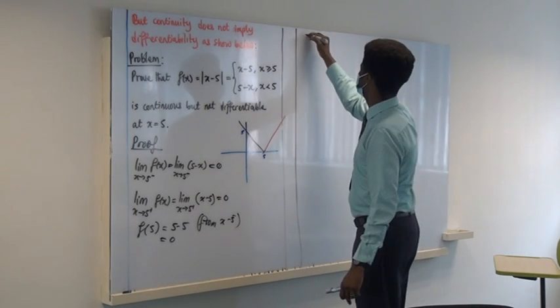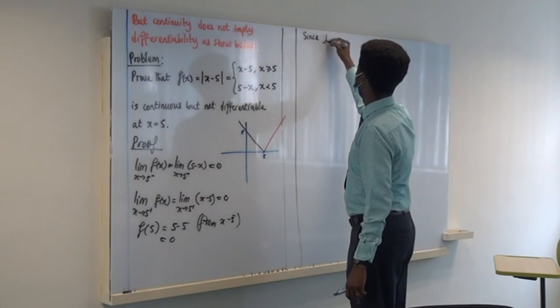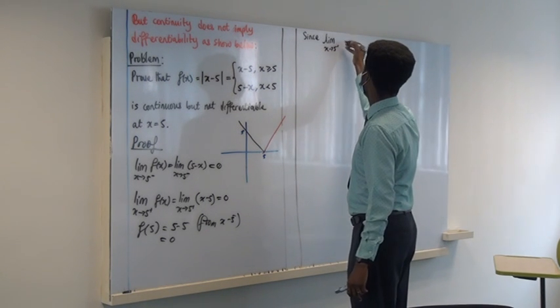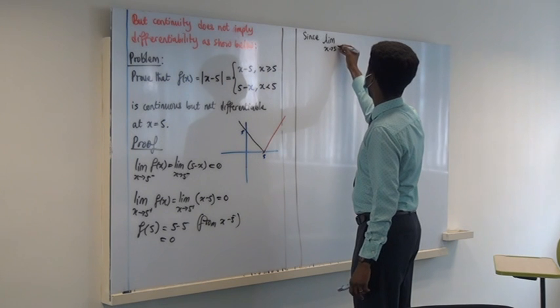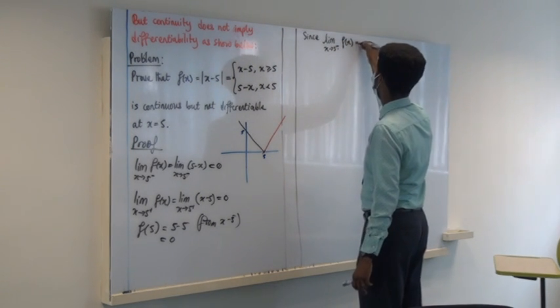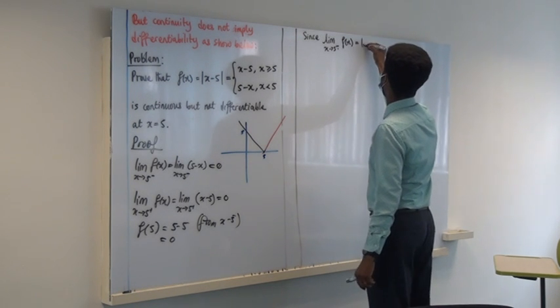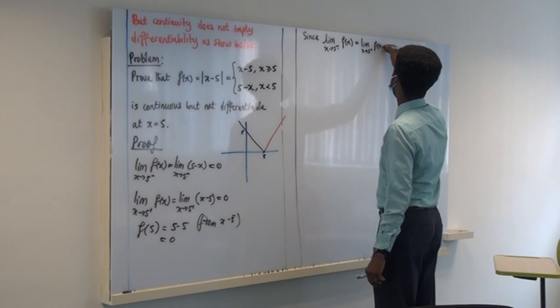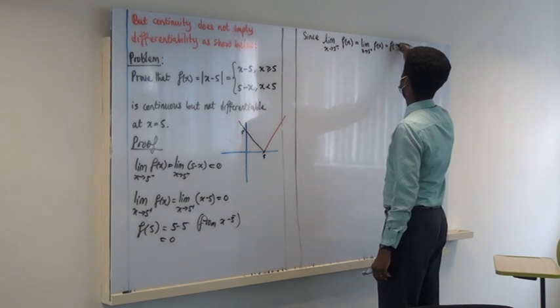Okay? Now, how do we conclude? You can see already, since the limits from below of f of x is equal to the limits from above of f of x, and both are equal to f of 5.